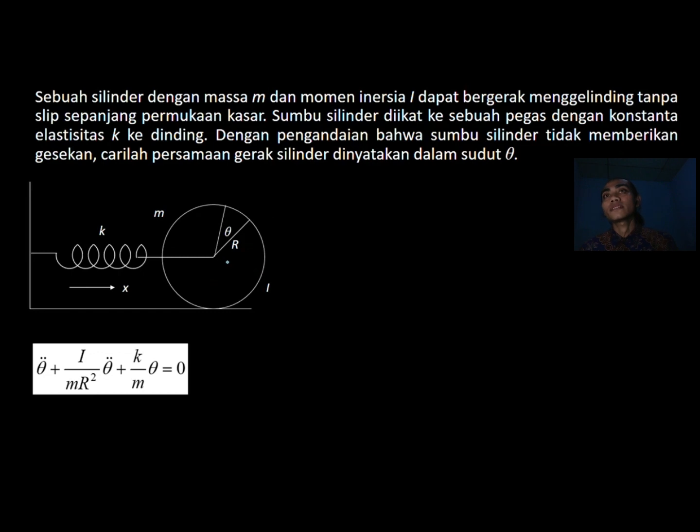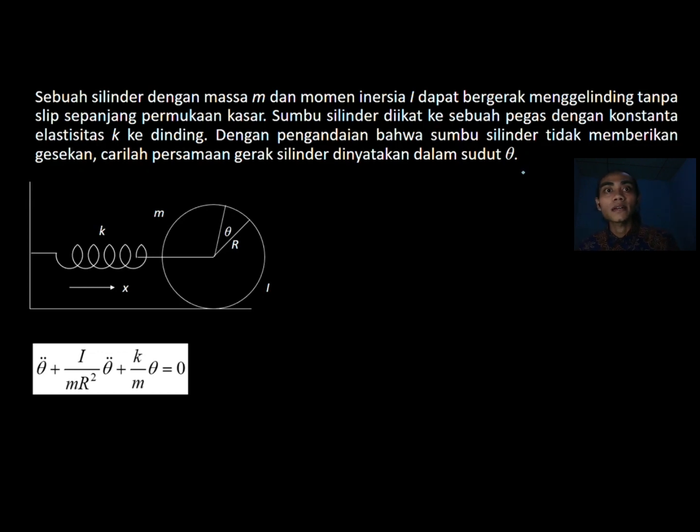We imagine that the core of the cylinder does not give friction either. So there is no friction between the surface of the cylinder and the track, and no friction on the core of the cylinder that is attached to the spring.